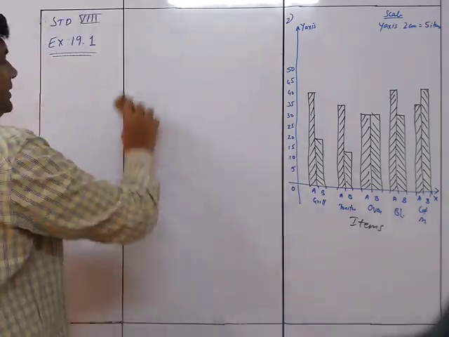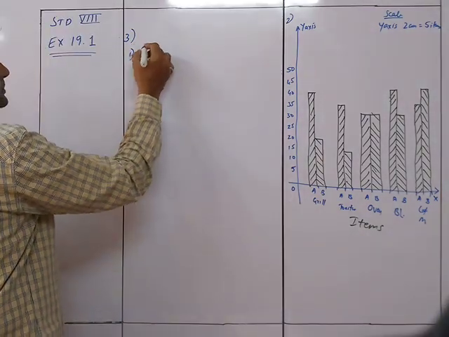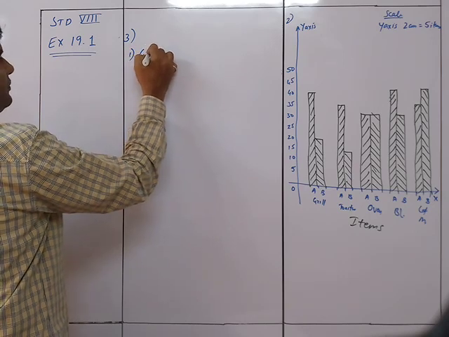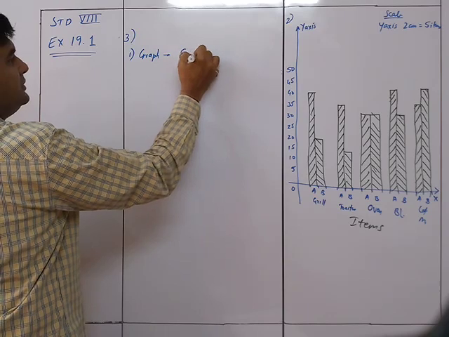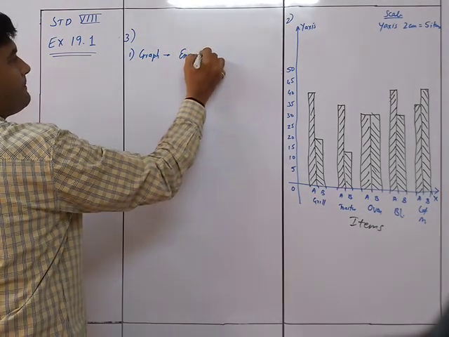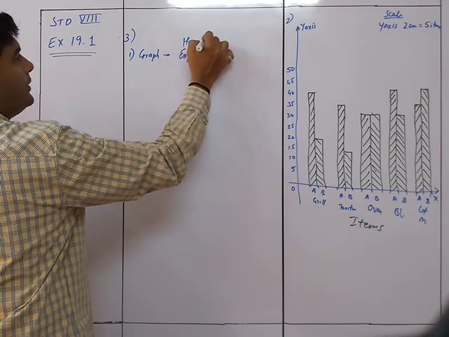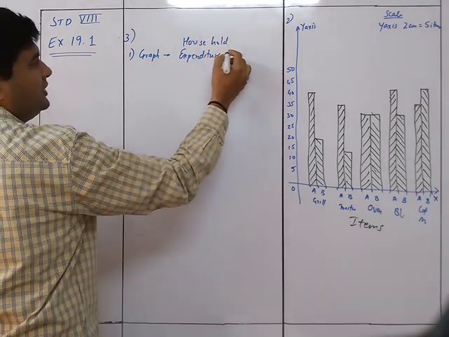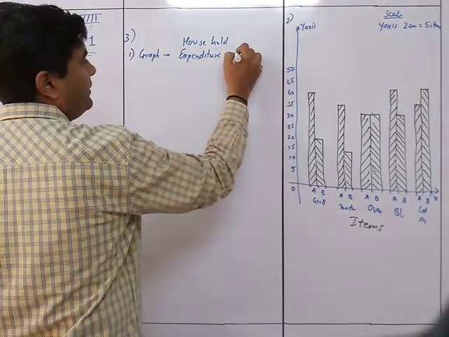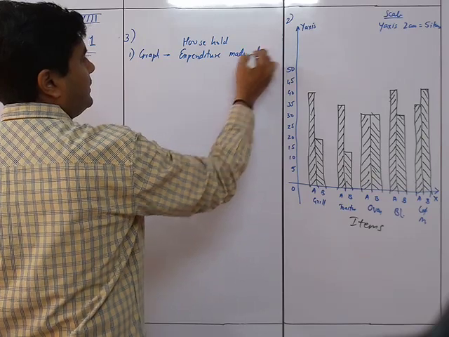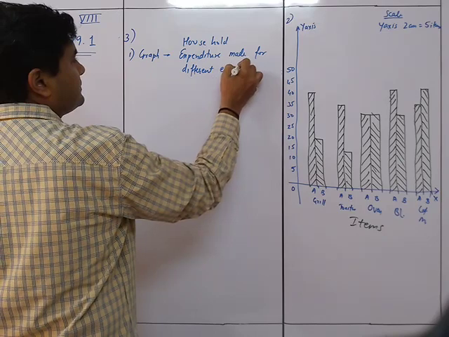So we have over here sum number 3. The first answer is, the graph tells you about expenditure, or I can say household expenditure made for different expenses.